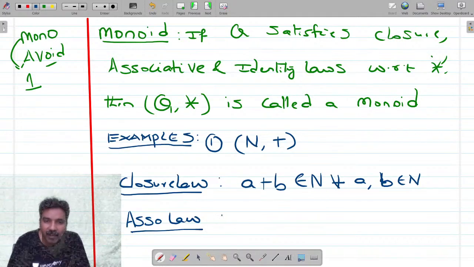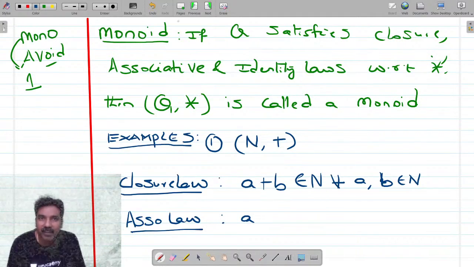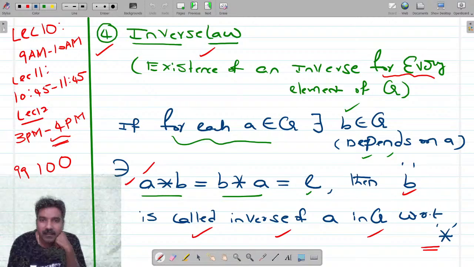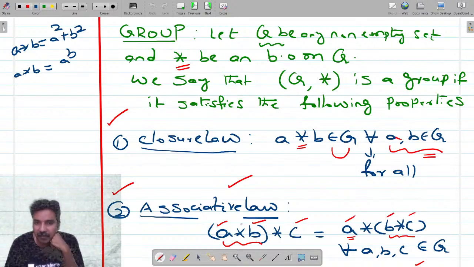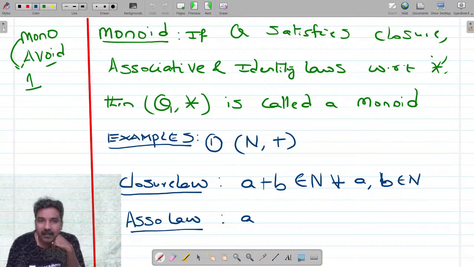Next, associative law. So replace star by plus. Is star on a place lo a symbol rayandi. This one, replace star by plus. So you will get this one, a plus b. 3 numbers ni a order lo add chesna meeku same result vastundi.